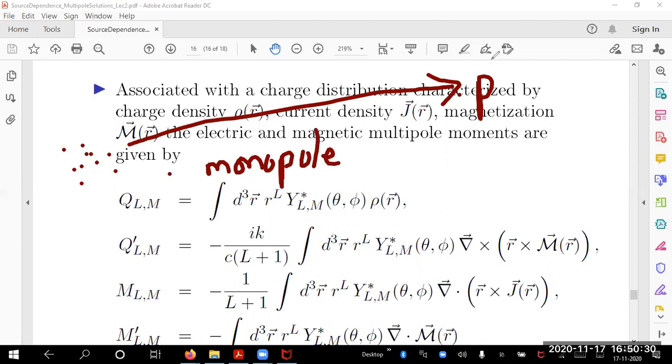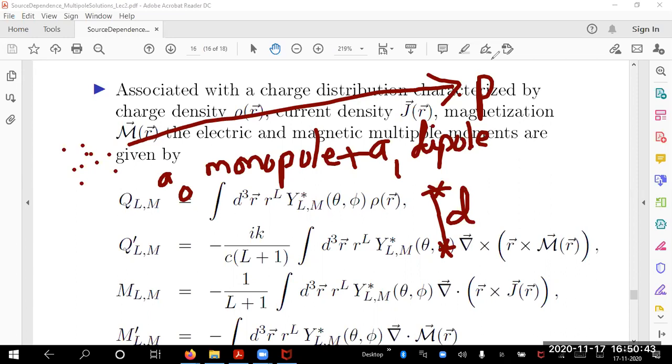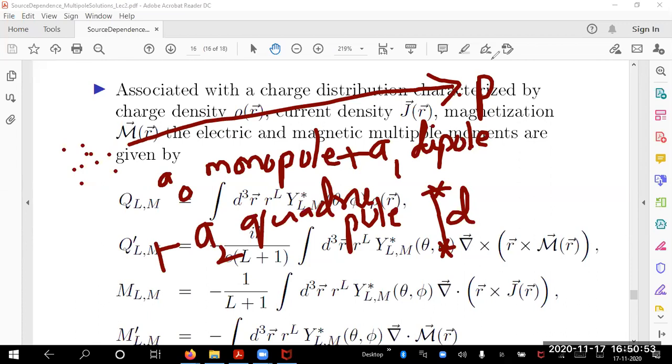Some coefficients are there: say A0 times monopole plus A1 times dipole. What is a dipole? It looks like two charges separated by a distance d. So it looks like a dipole with some parts of it, and then it looks like a quadrupole. So we have an expansion like this far away. That is what is called a multipole expansion.